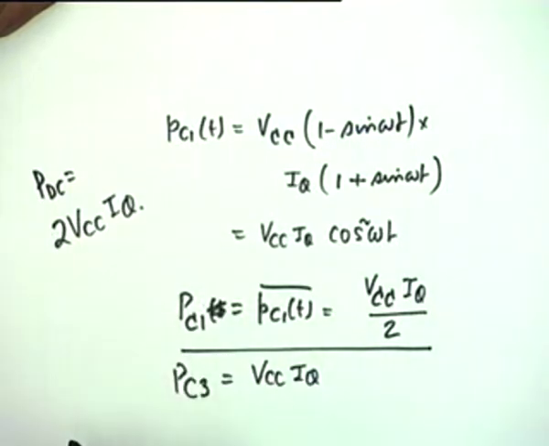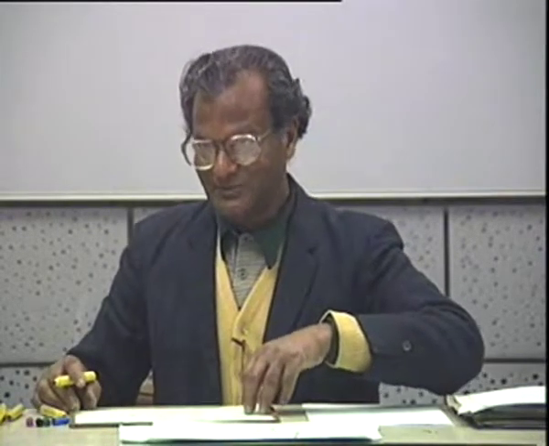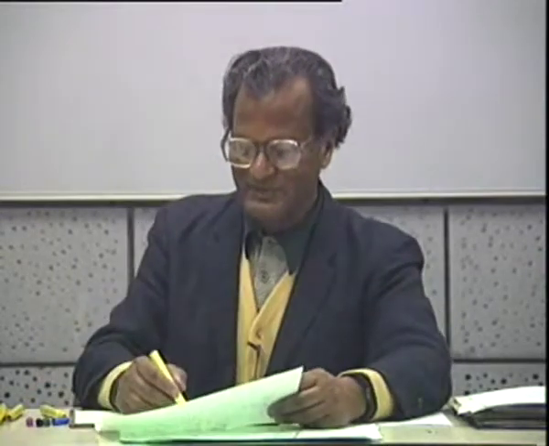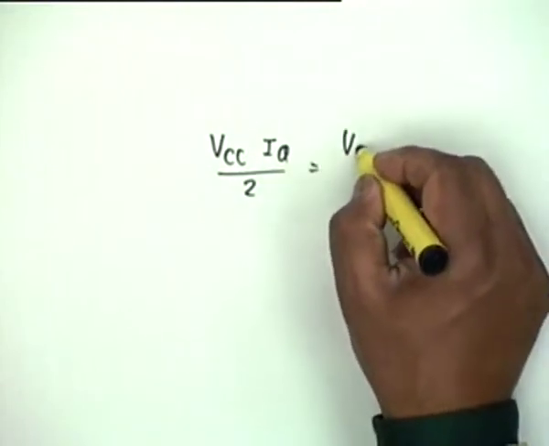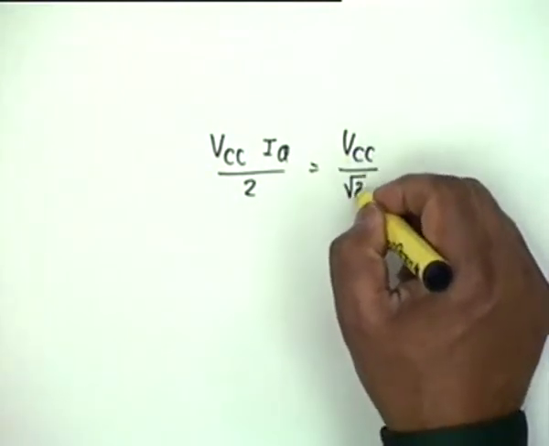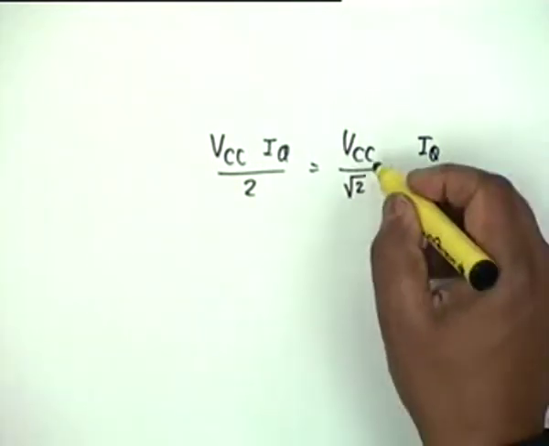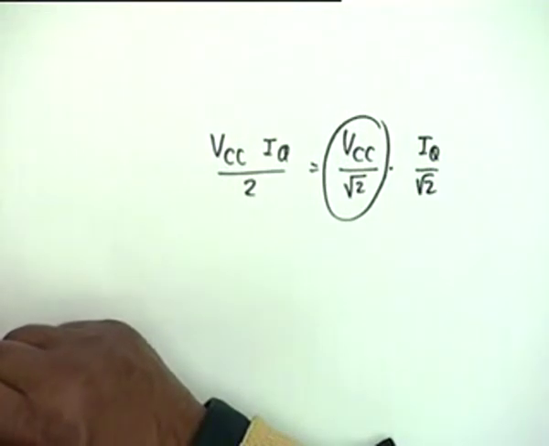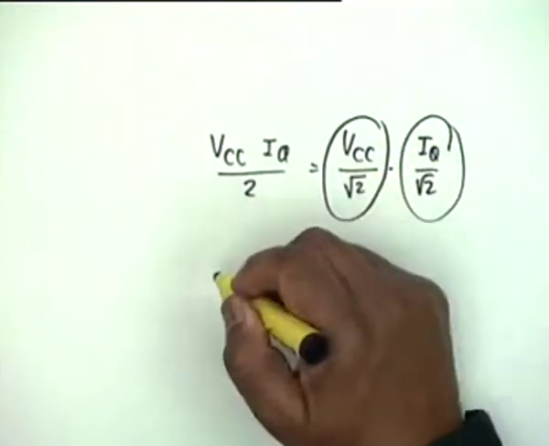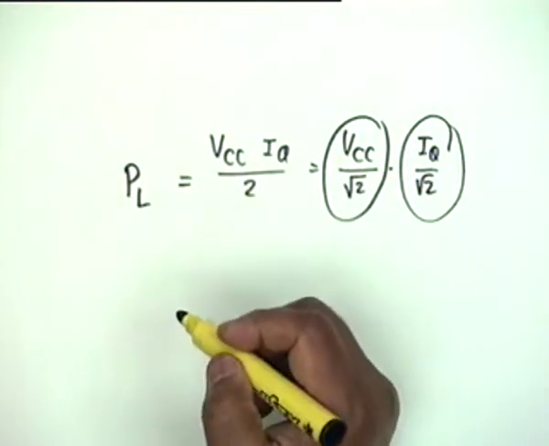What about the other one? Load power. That is correct. What I am missing is VCC IQ by 2, which I can write as VCC divided by root 2 multiplied by IQ divided by root 2. This is the RMS value of the load voltage, and this is the RMS value of the load current, and therefore this is equal to the load power.